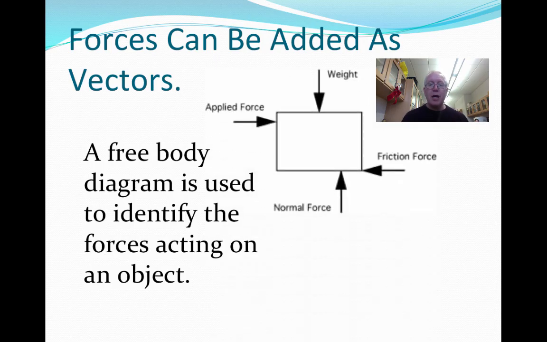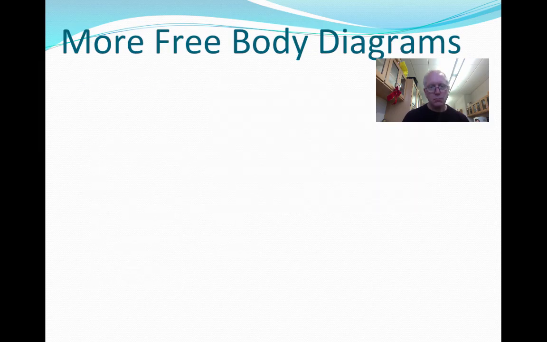And a free body diagram will identify the forces that are acting on an object. So here you can see the normal force pushing up, the weight pushing down, we got the applied force and the force of friction. By the way, it's the direction of the arrows that matter. Sometimes they'll put weight down here, but just so long as the arrow is pointing downward for weight, you've got a good representation of that force, and we'll see that in an example coming up.